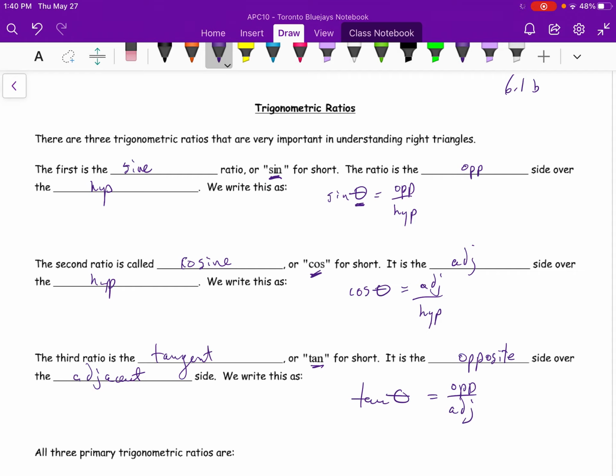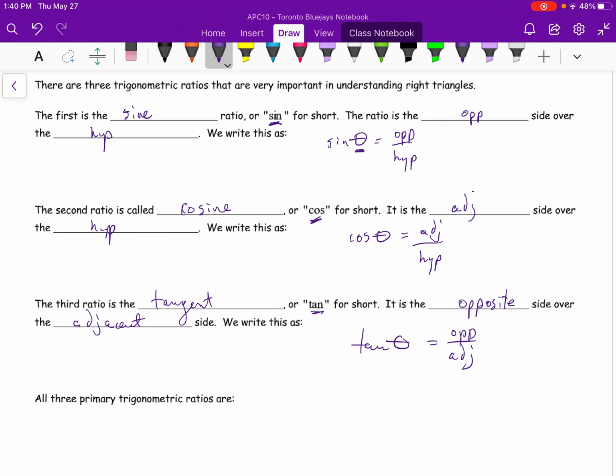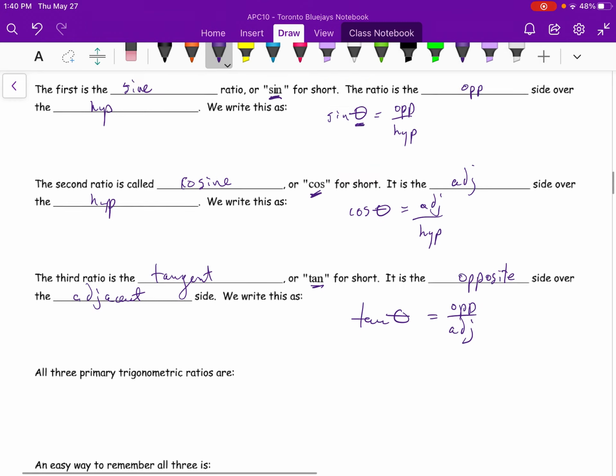So just like those three triangles that we wrote, by the way, what made them so special, they were similar. And every similar triangle will have an angle theta, right? If theta is equal to 21 degrees, the sine ratio of the opposite side over the hypotenuse will always be the same.